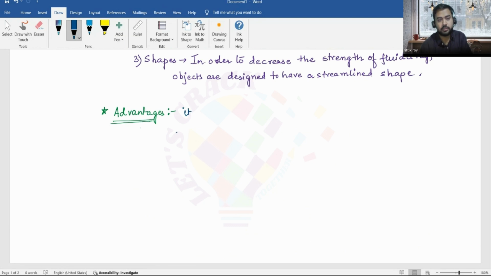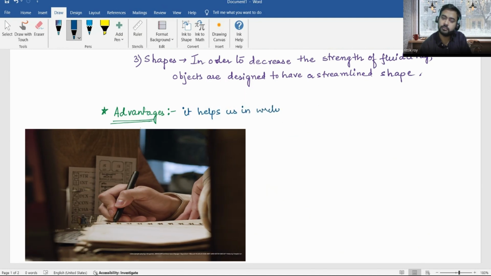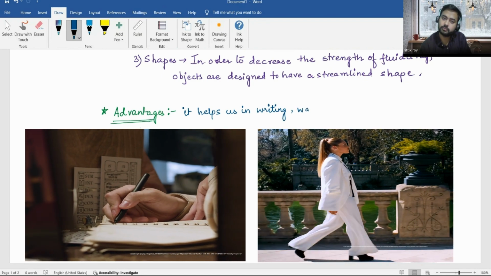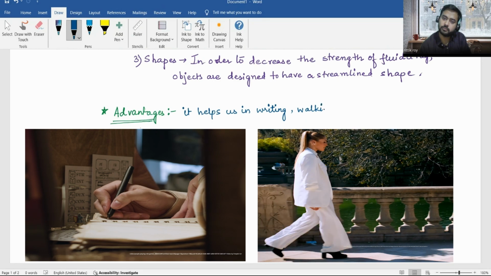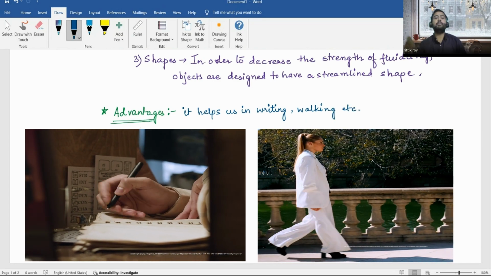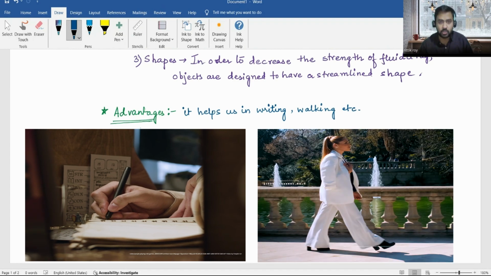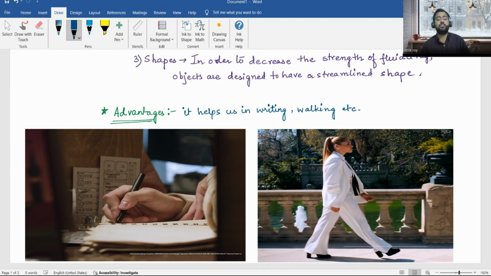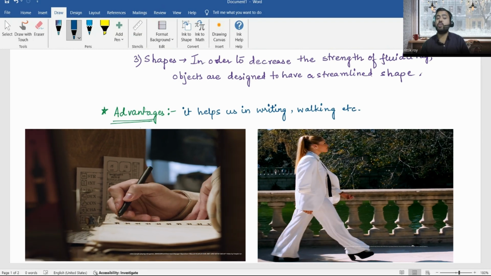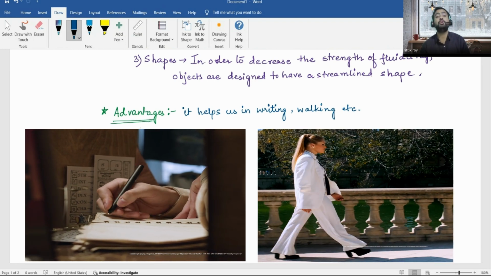It helps us in writing, walking, etc. Like what I'm scribbling on the board, because of which you can see and take down the notes in your copy, that is because of friction. So because of friction, we can write, we can walk, we can run. If friction was not there, we could not do all these things.